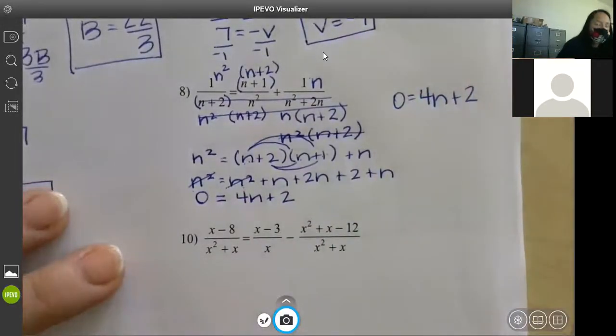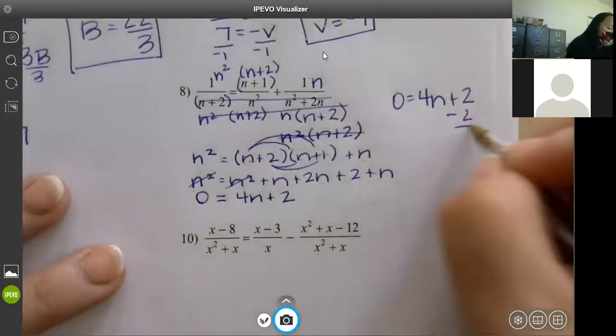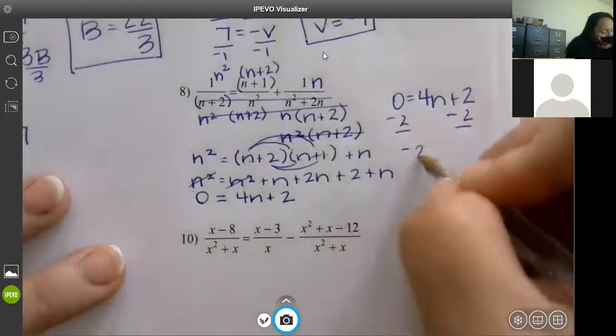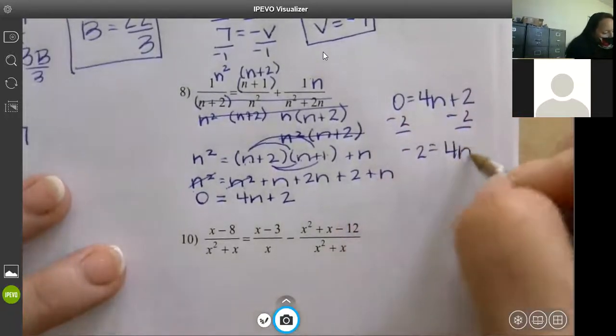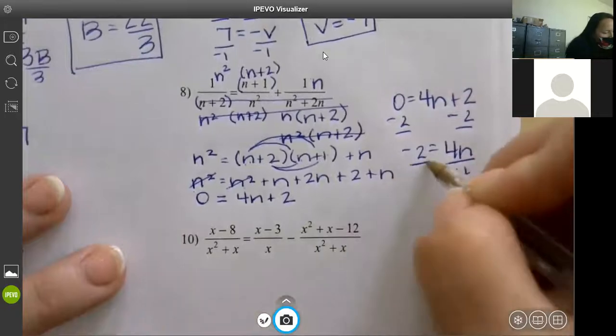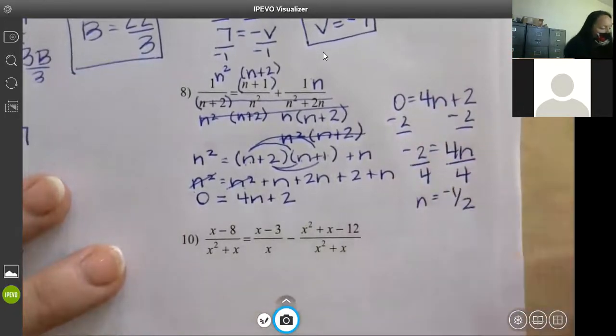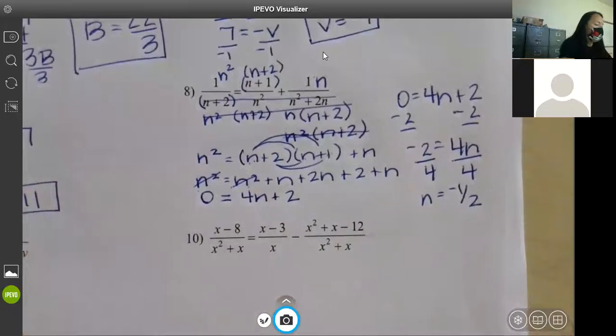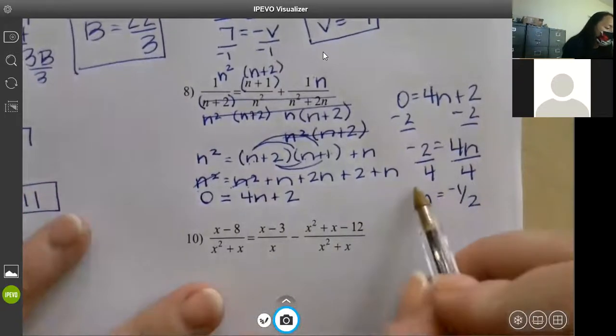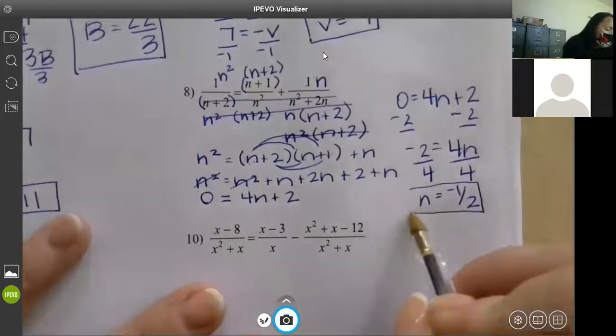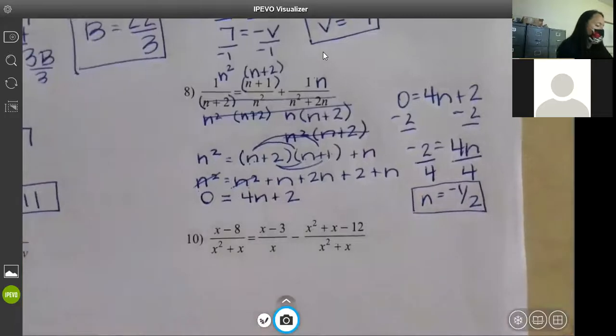I'm going to subtract 2. I get -2 equals 4n. Divide by 4. And n equals -1/2. No matter where I plug it in, we're not going to get 0. So this is good to go.